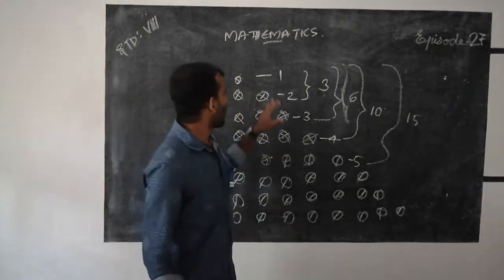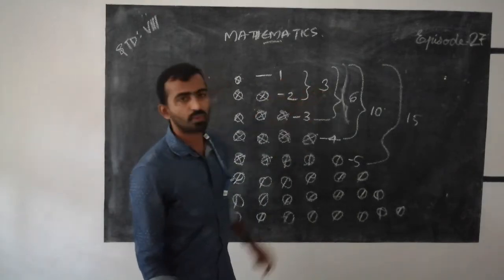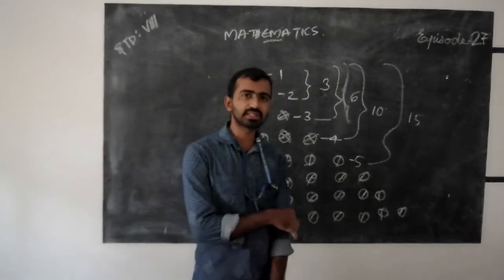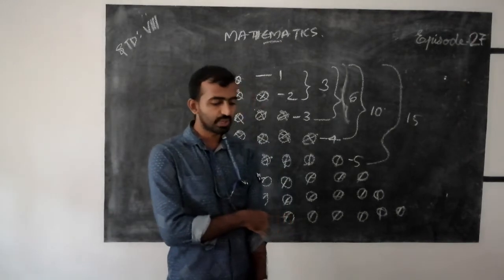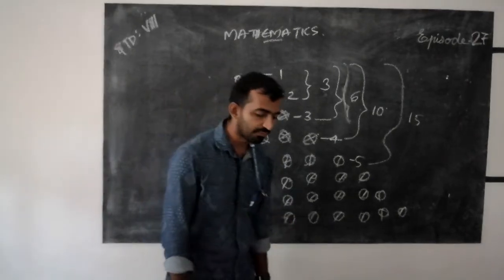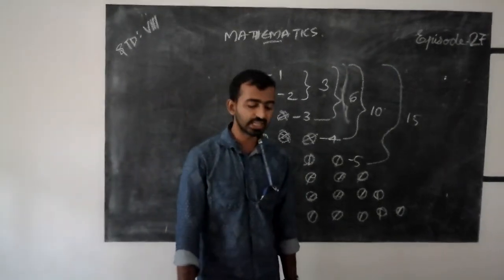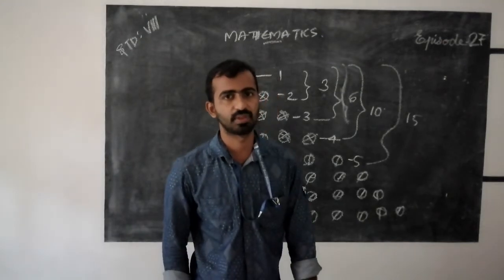That means 1 plus 3. What is the answer? 1 plus 3 means we get 4. Is it? Yes. That is 2 square.